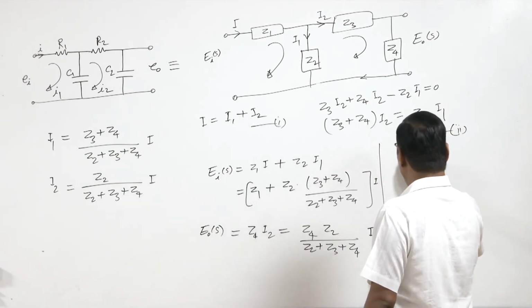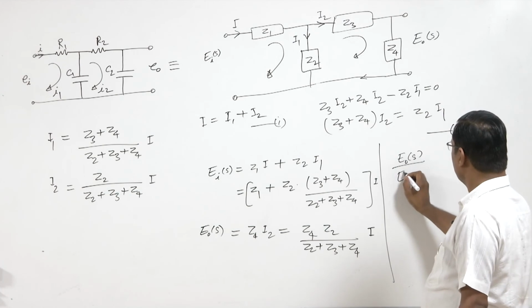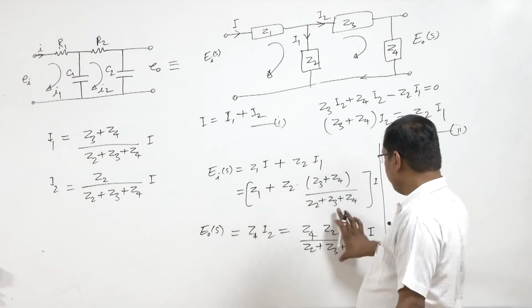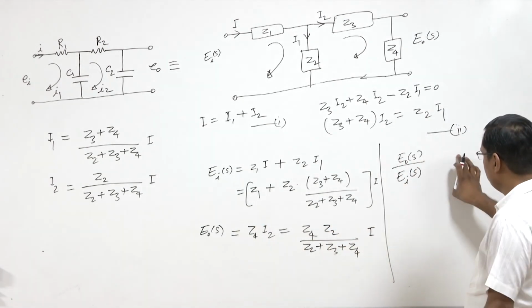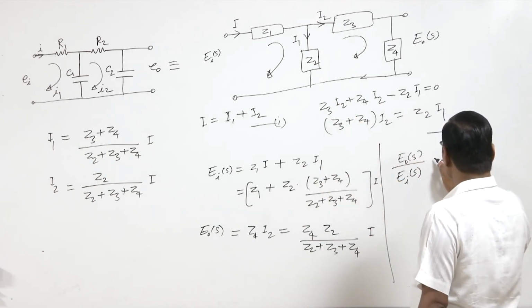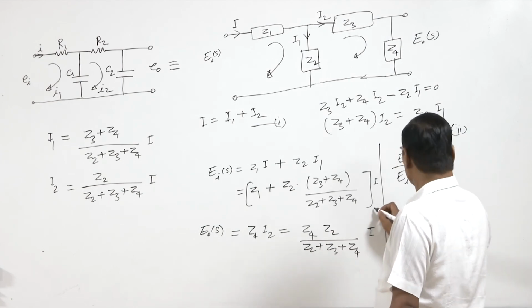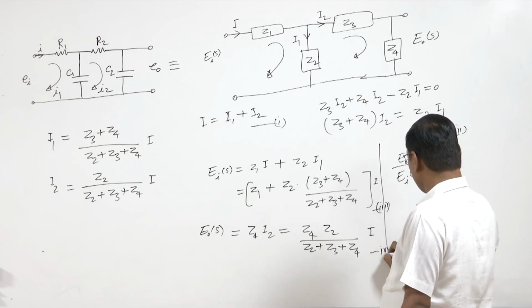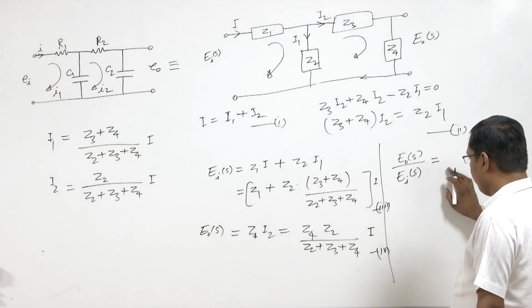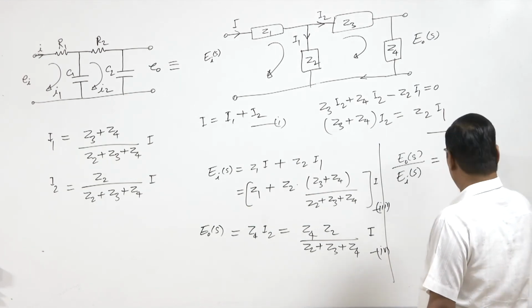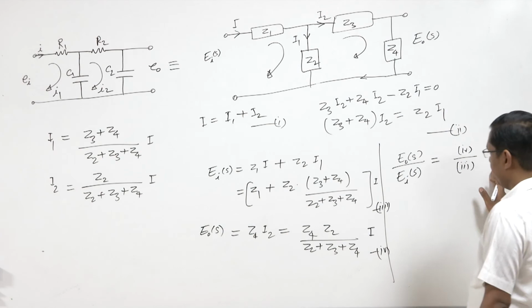Now we can find EOS by EIS. So we can divide this term by this term, so I will be cancelled out. This is equation number 3 and this is equation 4. So EOS by EIS we can find by dividing equation number 4 by 3, the right hand side terms.